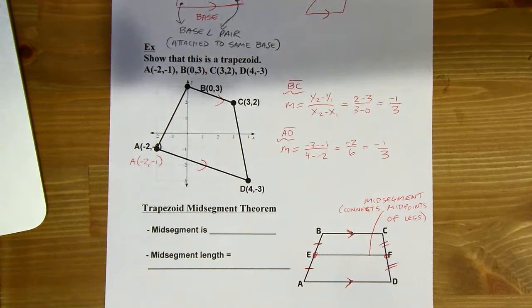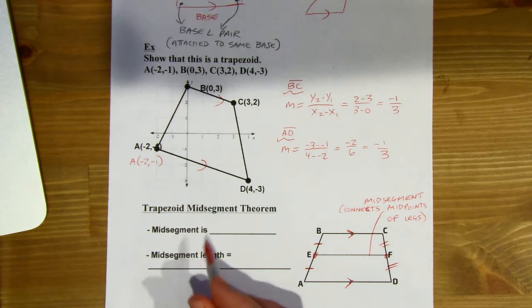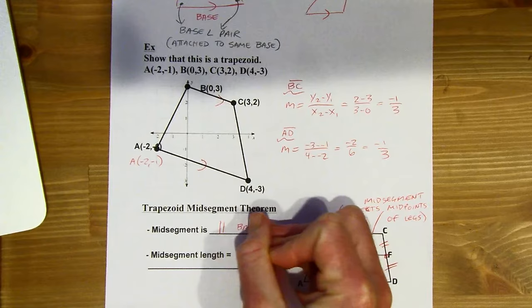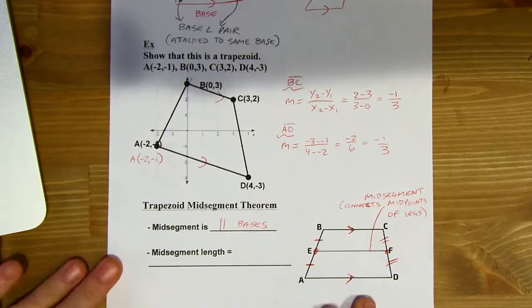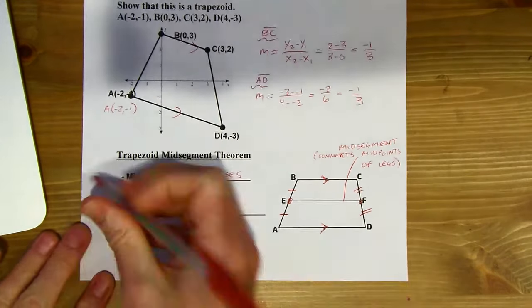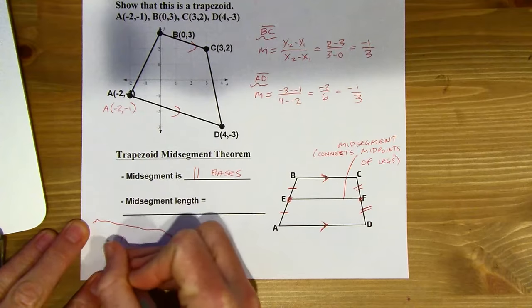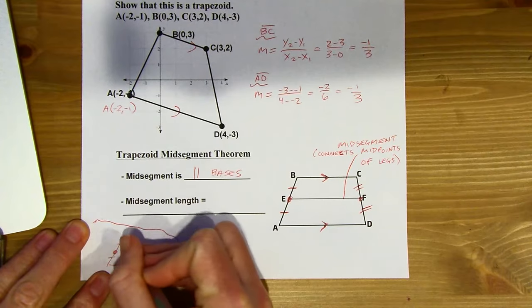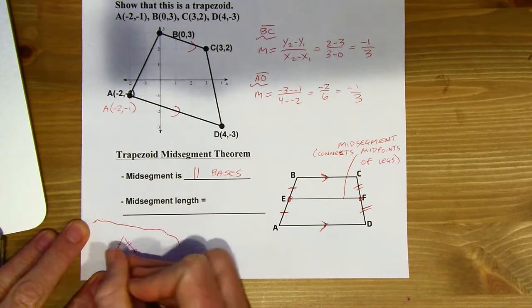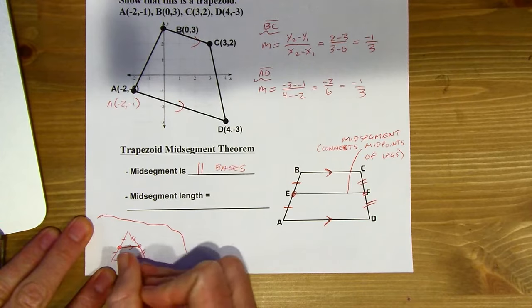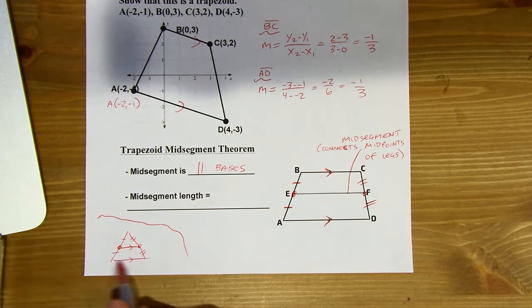So what do we need to know about this midsegment? There's two things. First off, it's going to be parallel to the bases. That same kind of thing happened with triangles: when we had this same situation in a triangle, that side ended up being parallel to the side that it wasn't touching.